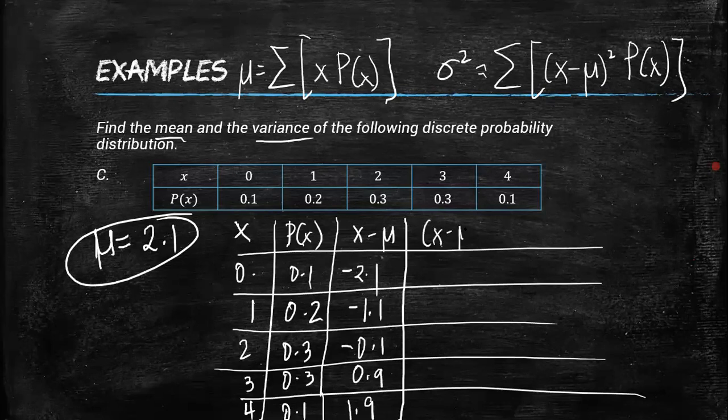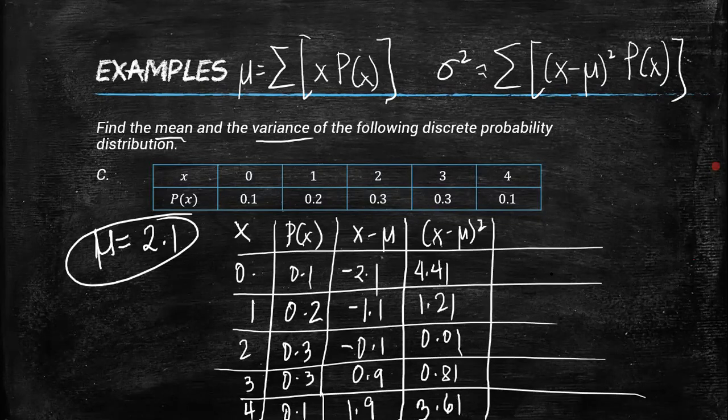Square those values. So we have 4.41, 1.21, 0.01, 0.81, and 3.61. Okay, next is to multiply the numbers in the last column, yung x minus mu squared natin, to p of x. So we have x minus mu squared times p of x.